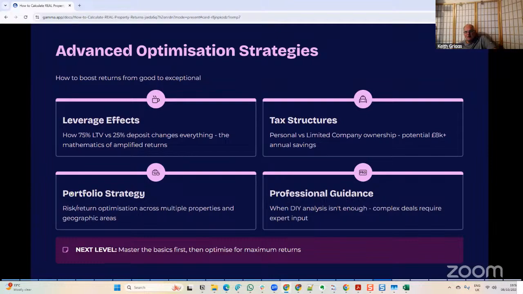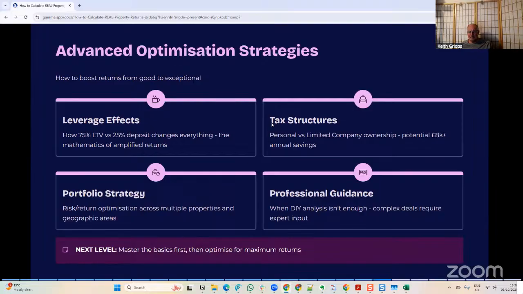It's normally better not to put all your eggs in one basket. Buying lots of cheap terraces up in Liverpool could expose you to a lot of risk, but if you have different types of properties in different geographical areas, you would be a lot safer against any downturns in the local market.